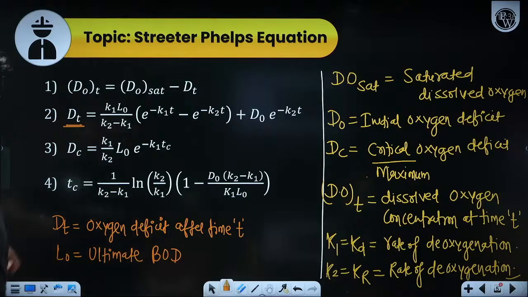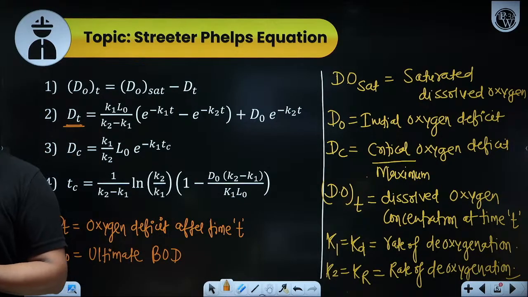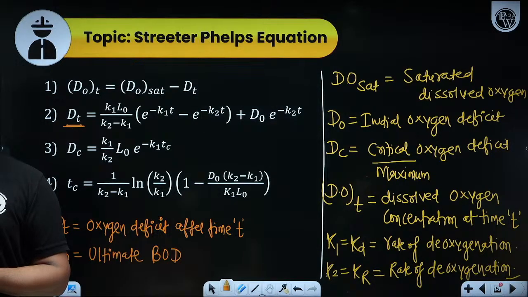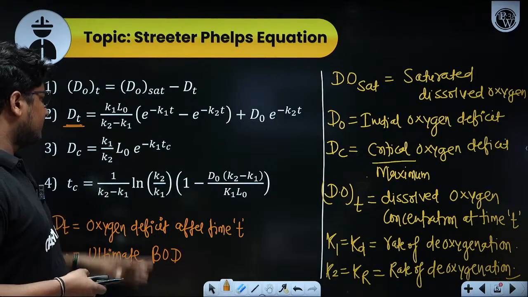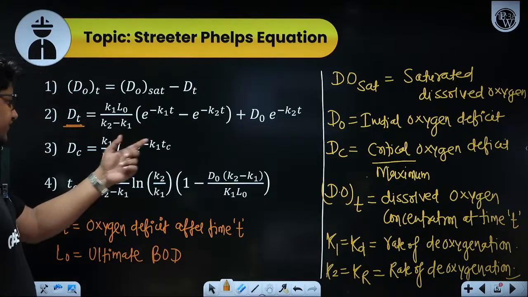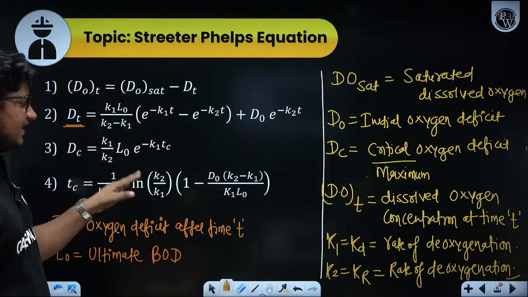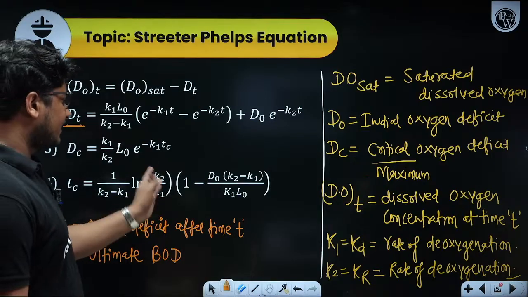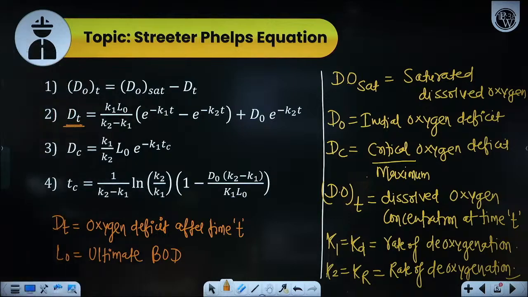Okay. Now, for DC, the critical oxygen deficit, the formula is simply K1 upon K2 L0 e to the power minus K1 into Tc. If you want to find out the critical time also, it is 1 upon K2 minus K1 ln of K2 upon K1, bracket 1 minus D0 into K2 minus K1 upon K1 into L0. So this will be the formula for the Streeter-Phelps equation.